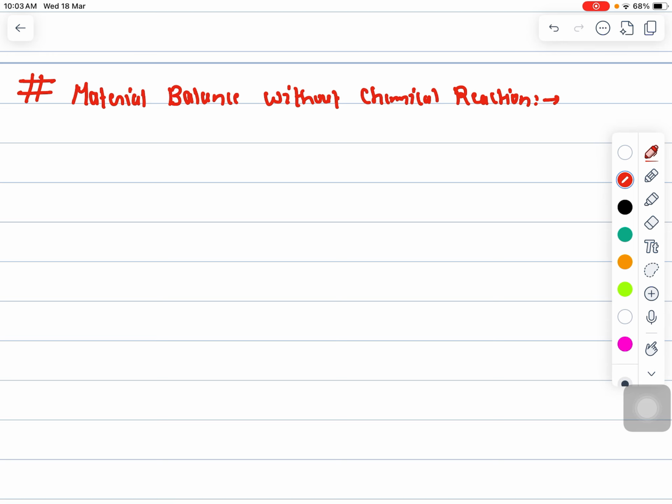Material balance calculation is very important in the design and analysis of various separation operations. In a real process industry, preliminary treatment of the raw materials is very important before they are subjected to a reaction vessel, a distillation column, or an absorption column.